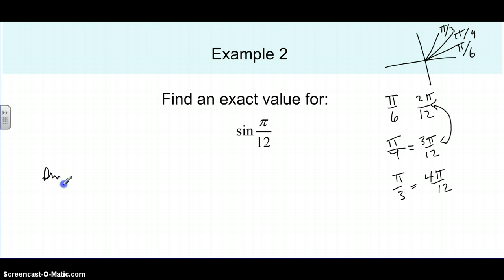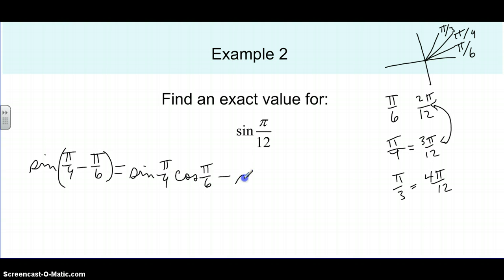So I'm going to write this as the sine of pi over 4 minus pi over 6. And I'm going to use my difference identity. This is going to be equal to the sine of pi over 4 times the cosine of pi over 6 minus the cosine of pi over 4 times the sine of pi over 6.